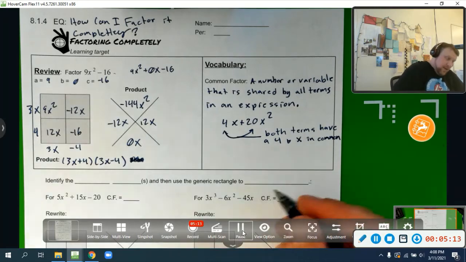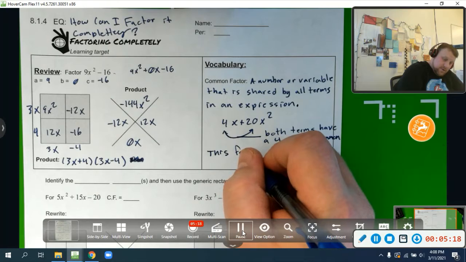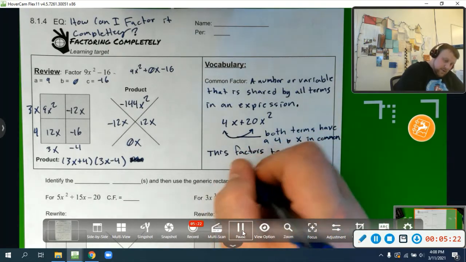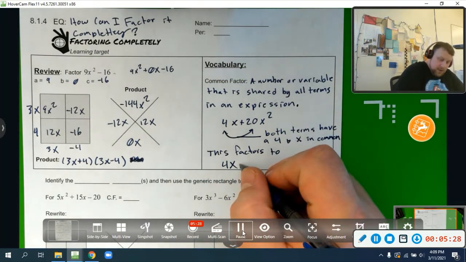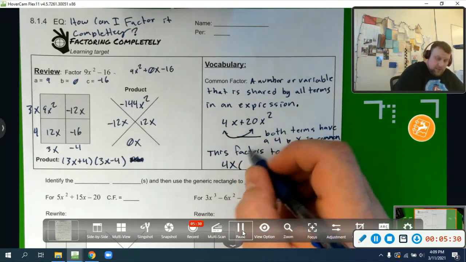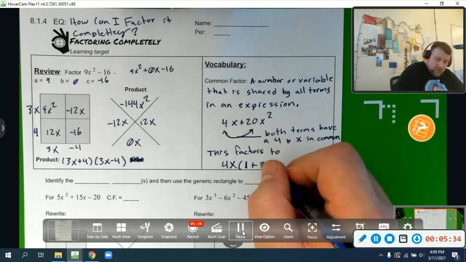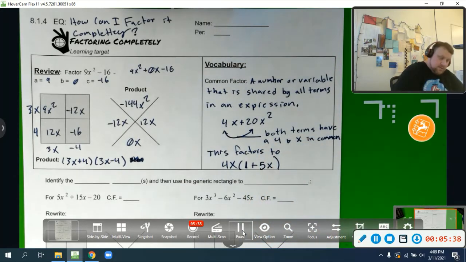So what do I mean by that? Well, if they have a 4 and an x in common, I can pull a 4x out. What am I going to multiply that by? Well, if I pull 4x out of 4x, I'm just left with 1. If I pull a 4 out of 20, I'm left with 5, and an x out of x squared, I'm left with x. Look at that. That's the factored version of it.